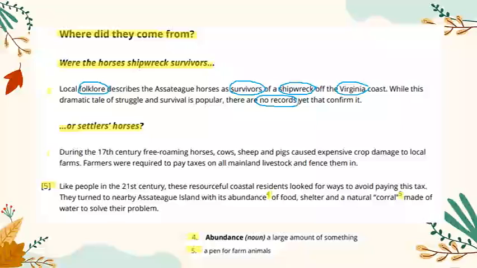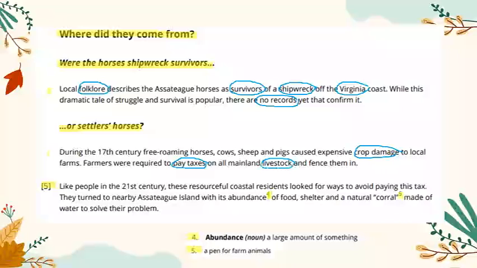Well, that's an interesting way to think about it, that they're shipwreck survivors, but let's read this next section. During the 17th century, free roaming horses, cows, sheep, and pigs caused expensive crop damage, oh wow, to local farms. Farmers were required to pay taxes, oh gosh, that probably got expensive, on all mainland livestock and fence them in.